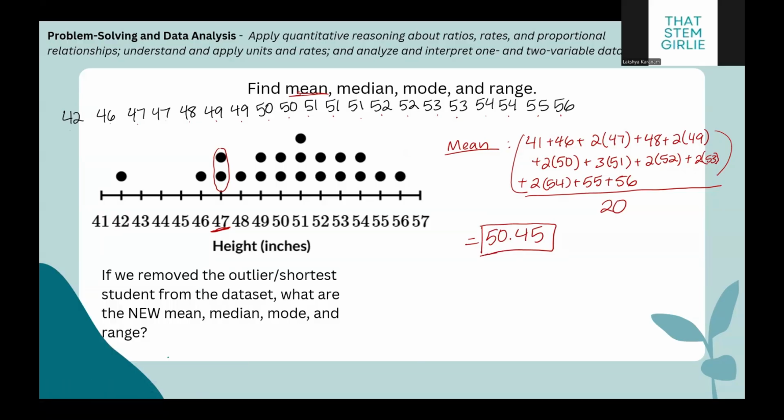Then we have the median, which is going to be computed in the exact same way as the last problem. So we'll cut in pairs. So we'll do the biggest and smallest pair, the next biggest and smallest pair, and so on.